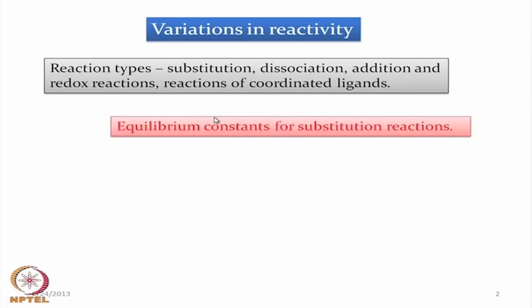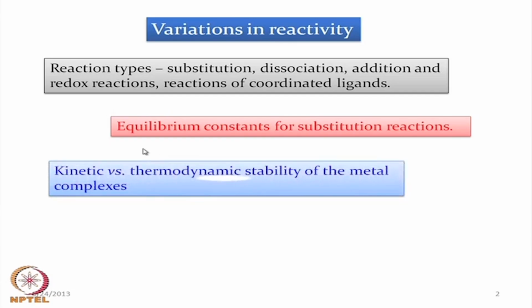So, we consider the equilibrium constants for substitution reactions. The thermodynamic parameter we are talking about is the determination of the equilibrium constants for the substitution reactions. Then we can have the kinetic versus thermodynamic stability of the metal complexes.